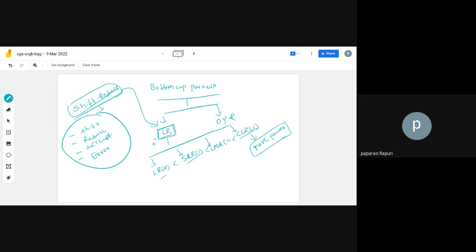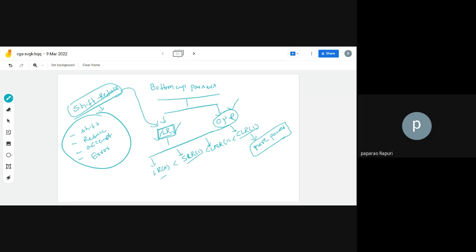Coming to LR parser and operator precedence parser, which is more powerful? LR parser is more powerful than operator precedence parser. This is a question you may get sometimes, theoretically.